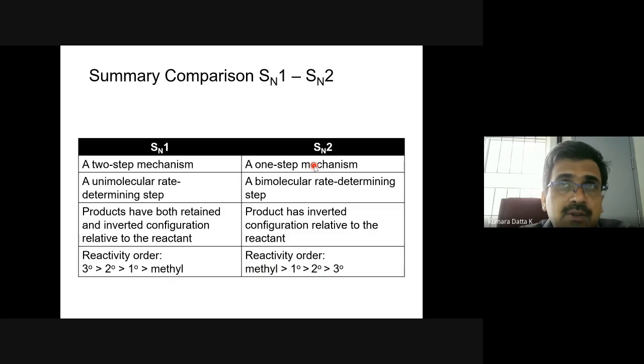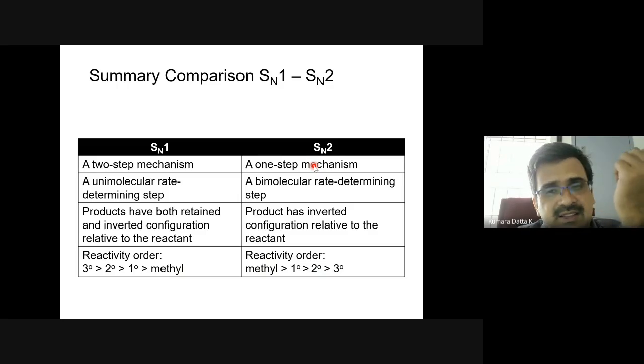For your syllabus, you should be aware of only the SN1 mechanism and SN2 reaction. What you can expect for a 6-mark or 8-mark question is to compare SN1, SN2 mechanisms, where you want to write this along with reaction. Or they will ask you to discuss substitution reactions. So again, you may discuss all these points.